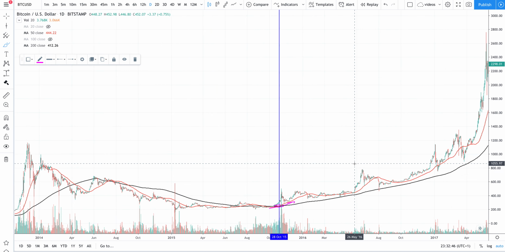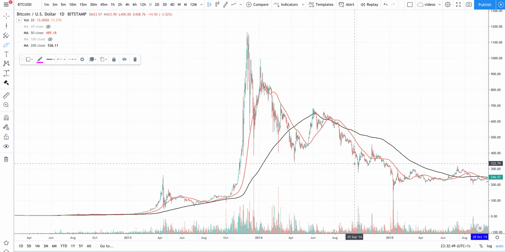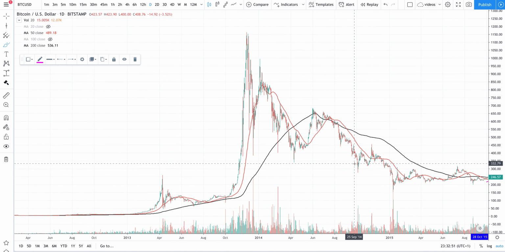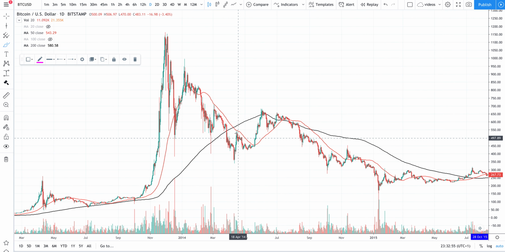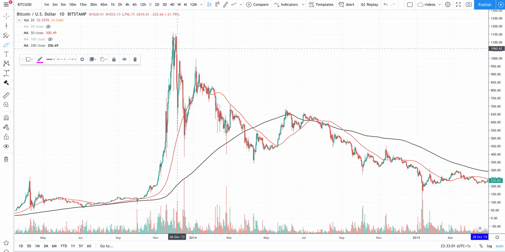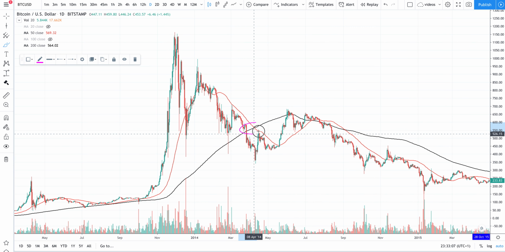No, I don't think so, because the nice thing of trading charts is that history repeats itself. Okay, in 2014, 15 and 16 it was very similar to the current situation.